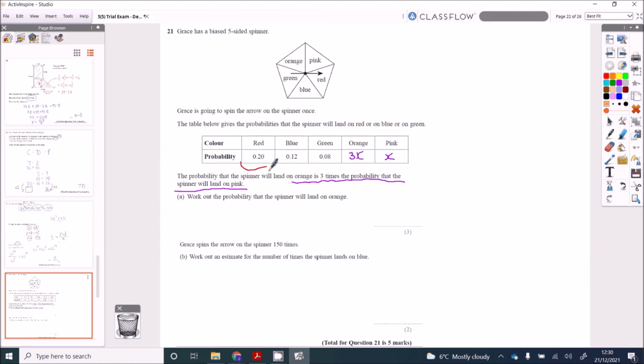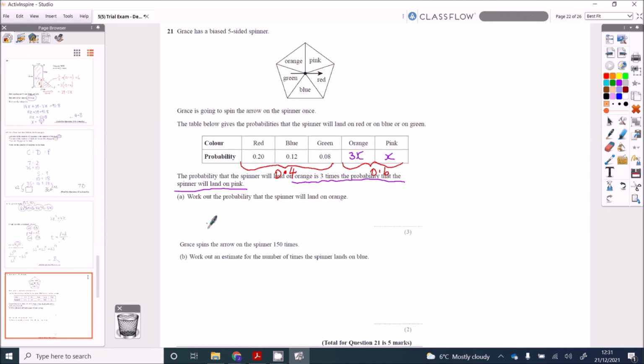So start off by adding up the 3 that we know. 0.2 add 0.12 add 0.08 is 0.4. So if that's 0.4, then the orange and the pink together must add up to the rest, which is 0.6.